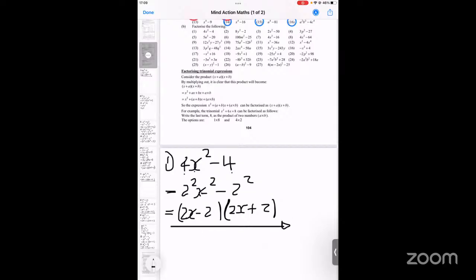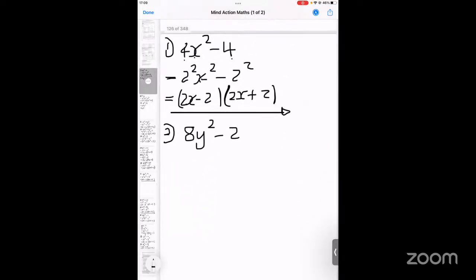Now I'm going to move on to number 2, Gracie, where we are having 8y squared minus 2. Can you see that one? The question now is, can this be written as something squared? That 8, can it be written as something squared?